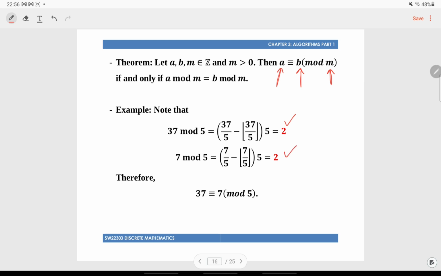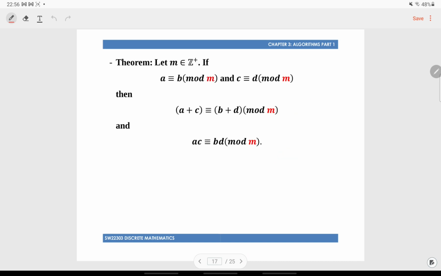Because of that, we can say that 37 is congruent to 7 modulo 5, because these numbers satisfy the theorem. 37 mod 5 is equal to 2, and 7 mod 5 is also equal to 2. Because these two values are equal, 37 is congruent to 7 modulo 5. Everything in this example is based on the theorem.